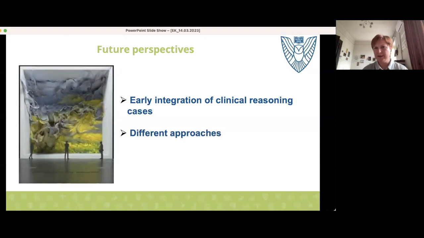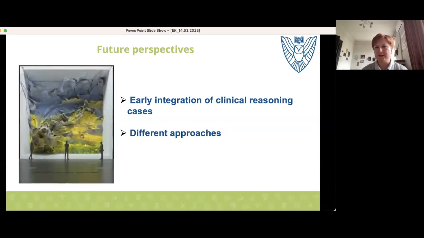So early integration of clinical reasoning cases is our main goal right now in the medical curricula. But to realize all this efficiently, because it's always interesting to change the modes, the attitude, styles, and so on, a different approach shall be used.